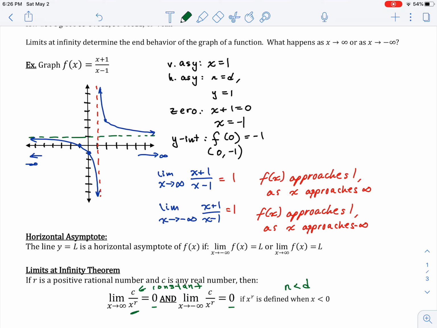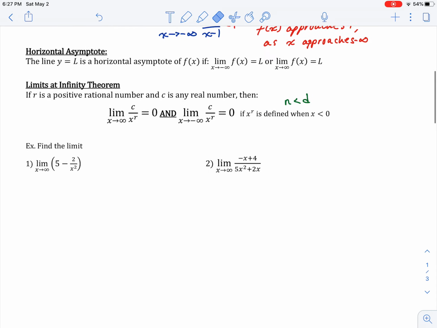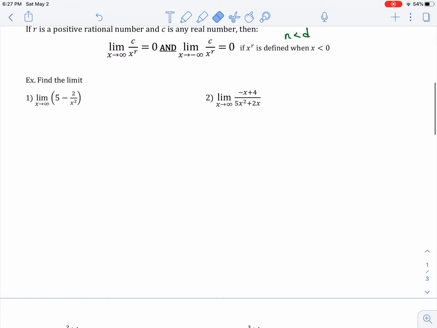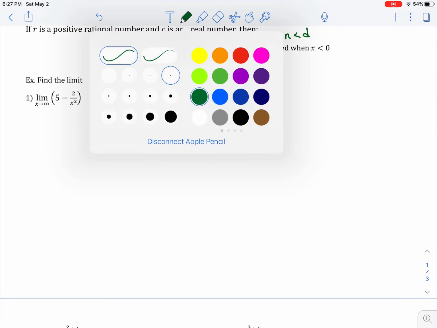So the limits at infinity theorem is just saying if you've got a constant in the numerator, then you know that your limit at infinity is going to be 0. Why? Because your horizontal asymptote is 0. All right, with that all being said, let's try a few practice problems with this.